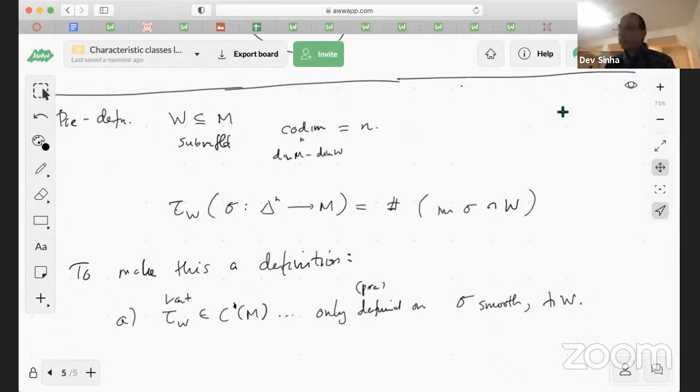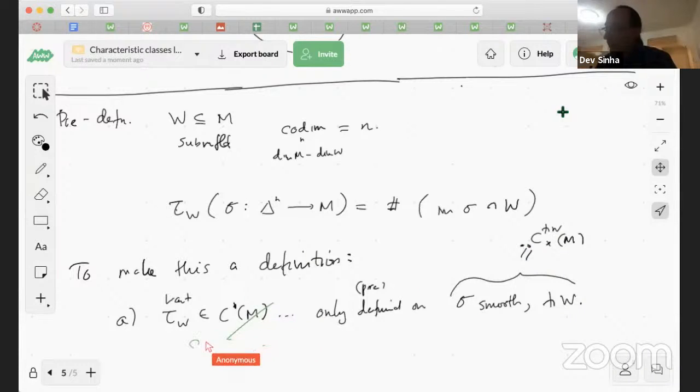Okay, and well, what we can do is define this smaller chain group to be the chains in M transverse to W, in which case this is now defined.